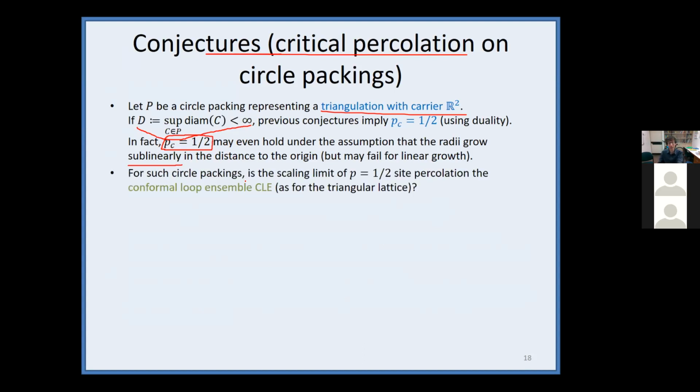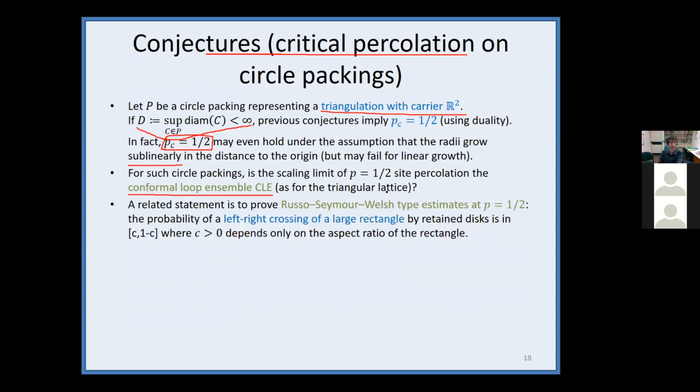And then you may ask, at 1/2, do you actually get also the conformally invariant limit? Do you get the CLE, the conformally invariant loop ensemble? And it may be the case, there was some discussion of that before also on related subjects. Related to the conformally invariant limit, a simpler fact that we don't know how to prove is RSW estimates.